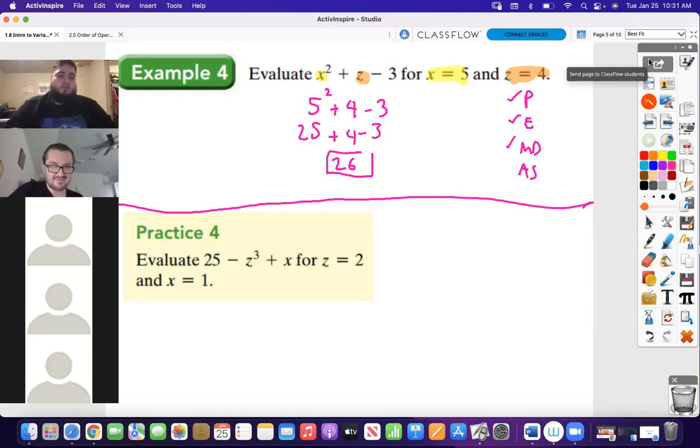I got 18. 18, let me put that down. We have a possible 18, guys. Does anyone agree or disagree with the 18? I couldn't see who said it, but 18. Agree. Agree. We have another agree.